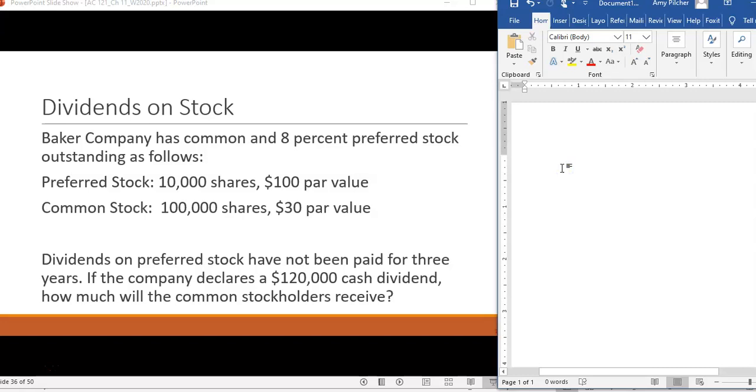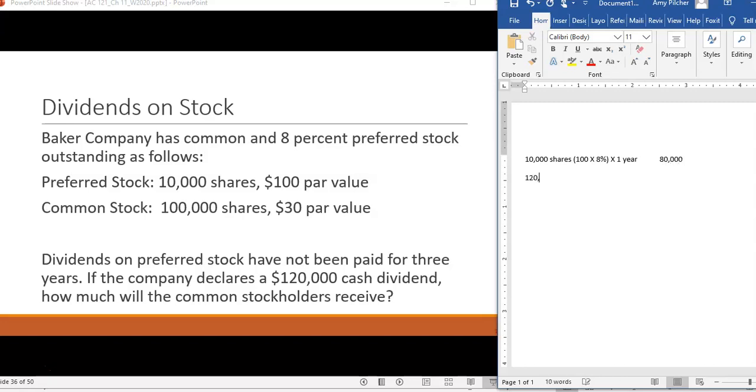So we have our 10,000 shares times our $100 par times our 8% dividend rate times 1 year. And that amount is $80,000.